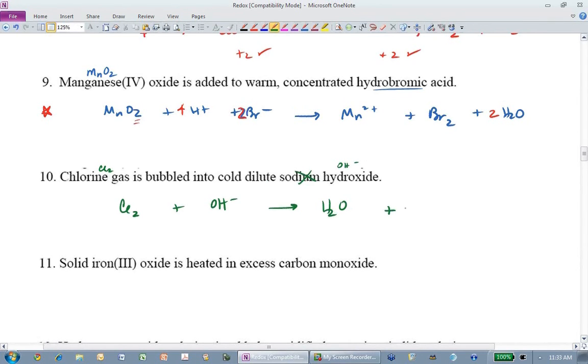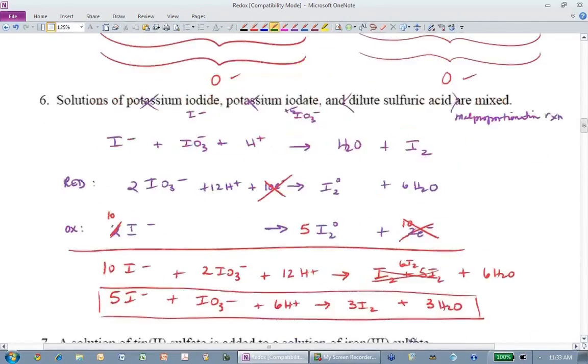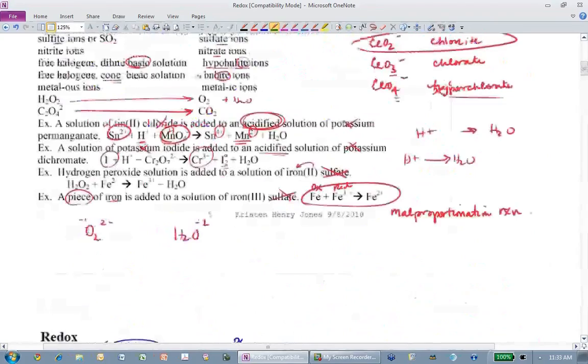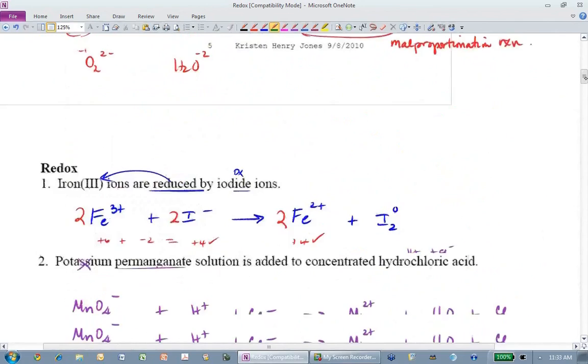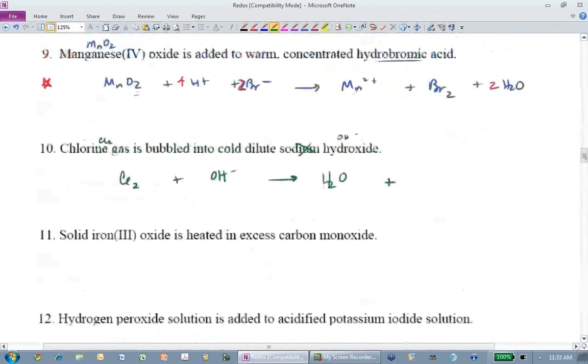Now, chlorine in basic solutions. That was one of those things that you have to know. I know this can make you dizzy. What's the story? In basic solutions, free halogens go to the hypohalite ion, hypochlorite, ClO minus.